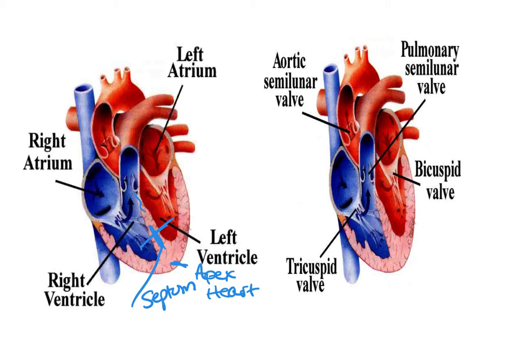And I will give you, in your supplemental material, a detailed video going through and labeling the heart all at once together for practice. Because when you are learning, my best advice is to learn your structures in the way that the blood flows through the heart, and just follow it through each structure.